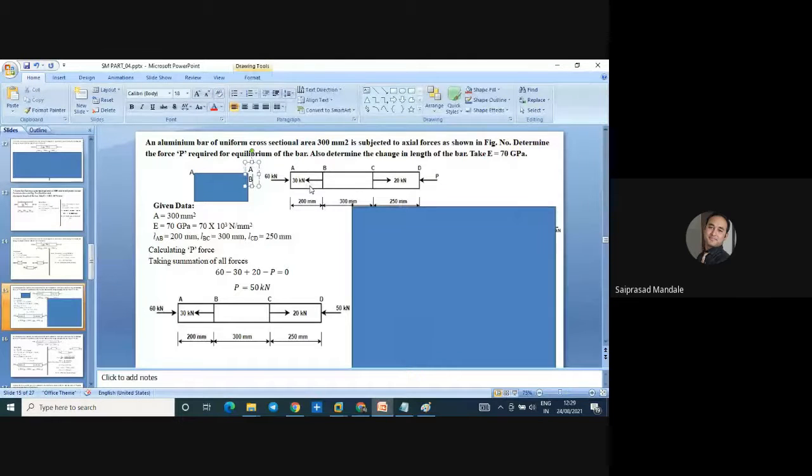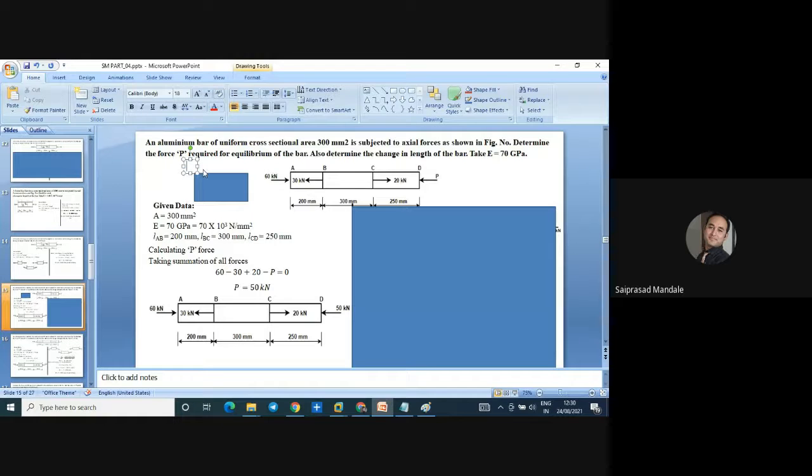If it is AB, here it is 60. Compressive or tensile? Compressive. Very good. 60 compressive. Perfect. If it is CD, not CD, it is BC.